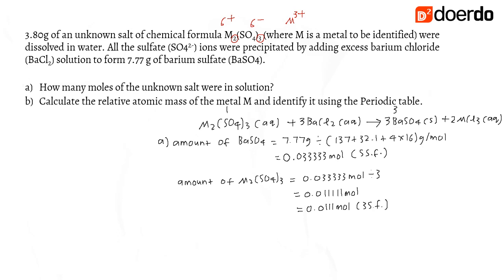Calculate the relative atomic mass of the metal M and identify it using the periodic table. So, to recap, before we start on B, to find number of moles, which we shall call amount, it is equivalent to your mass over molar mass.